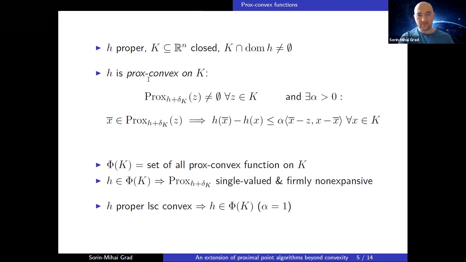And we say that h is prox-convex when its proximity operator of h added with the indicator function of K is non-empty all over K, and this inequality is fulfilled for all elements belonging to the image of the proximity operator.